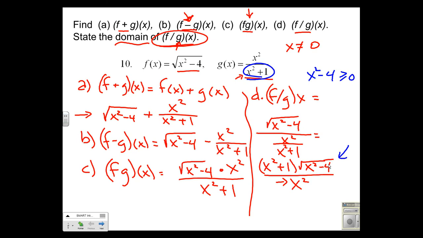That means x better be greater than or equal to 2, or x better be less than or equal to negative 2. So on a number line, I'm going to squeeze it in down here. Here's numbers that are good: we can be 2 or bigger, we can be negative 2 or smaller. We noted earlier we can't be 0, but 0 is already excluded.